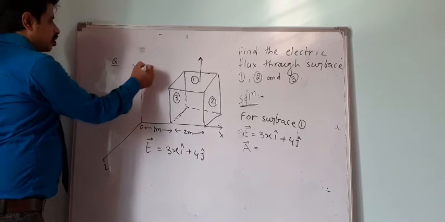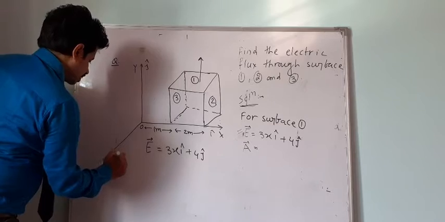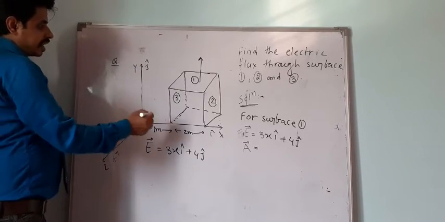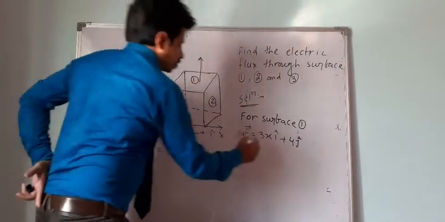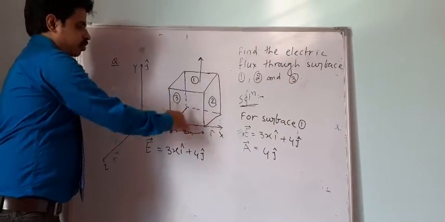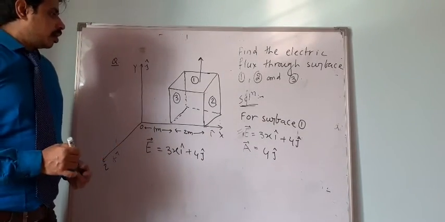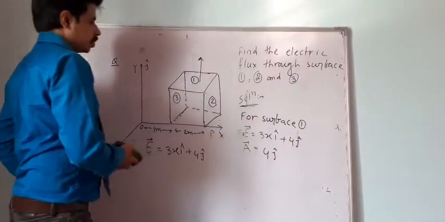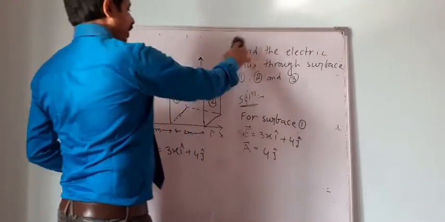This is the direction of j cap, this is the direction of i cap, and this is the direction of k cap. So my area vector is in the direction of j cap, and the area is 2 by 2, so it is 4 meter square. So 4 j cap. Side length is 2, so area of one face is 2 into 2, 4 meter square. Now we will take the dot. So flux will be what I am writing upside.